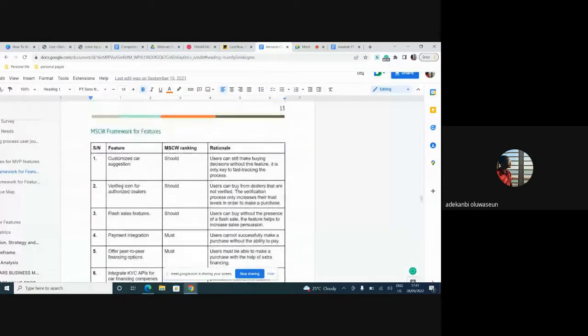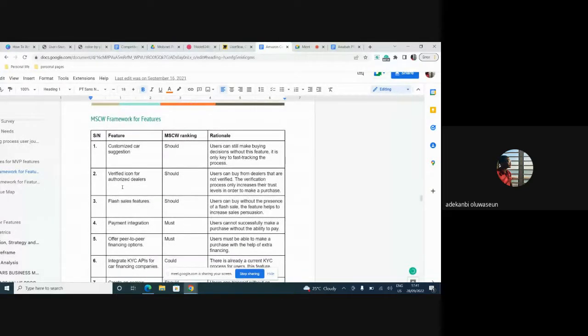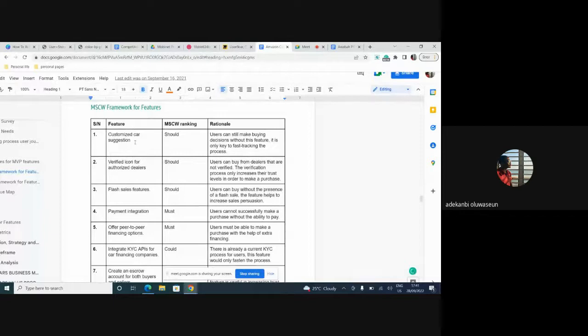So what you are going to do, in your PRD, is classify the features. Okay, I have a customized car suggestion, which is one feature. That feature is that when a user comes on the app, they will see suggestions of cars that they can buy. I did this for a particular product. It's more like an e-commerce for cars.